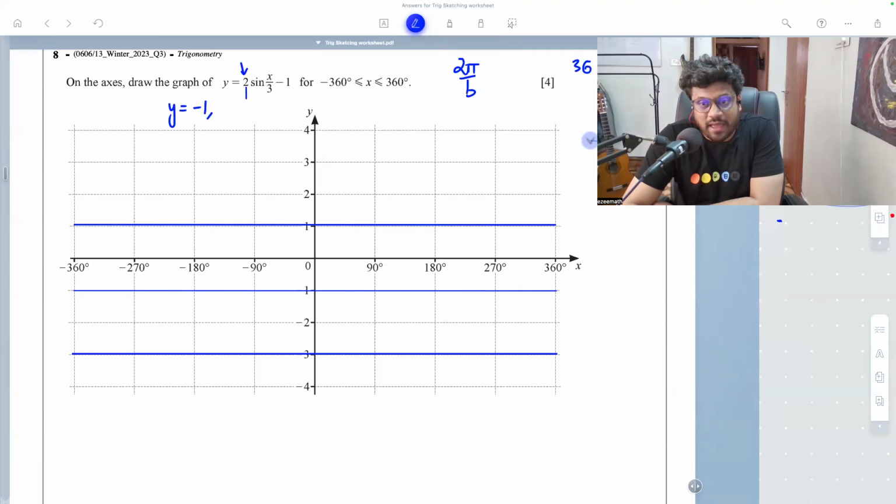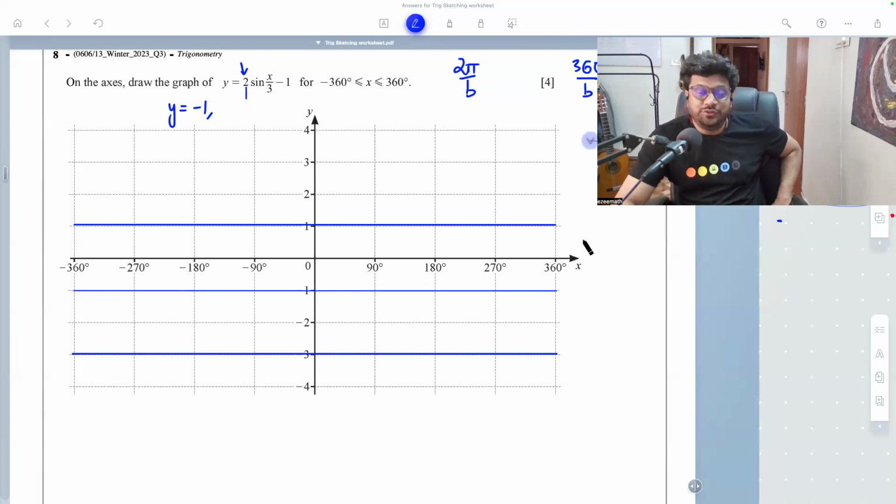or 360 by b if the angles are given in degrees. B is 1 by 3. This comes out to be 360 divided by 1 by 3, which is 360 times 3. Well, that's 1080.